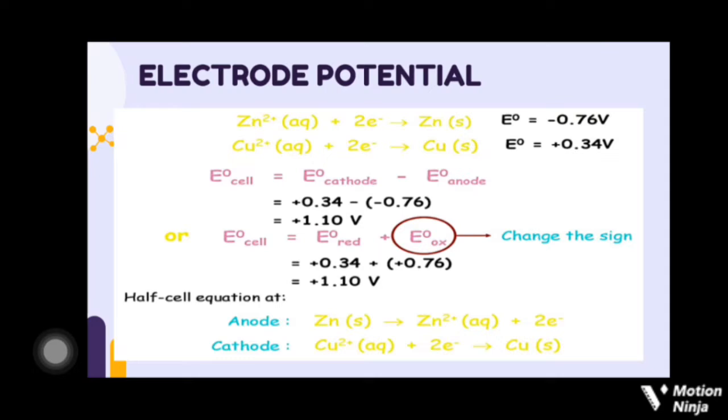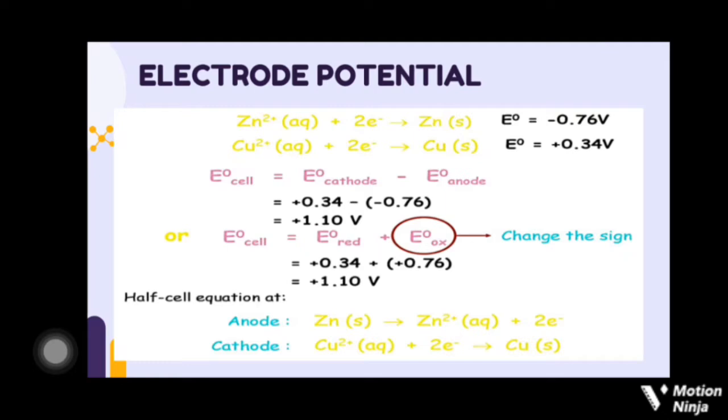The cell potential of copper is positive 0.34 volts, while zinc has a cell potential of negative 0.76 volts, which is copper is way more positive than the zinc. So, zinc will become the anode.